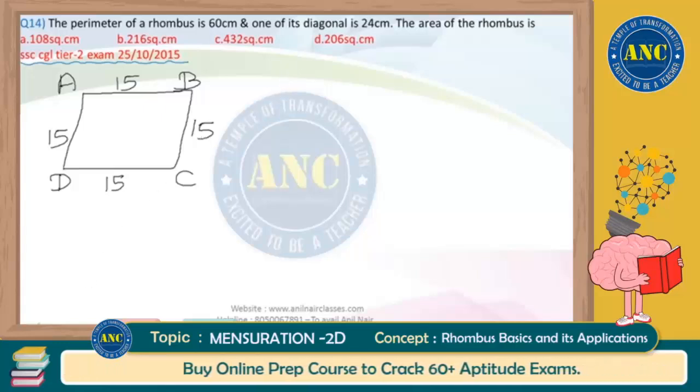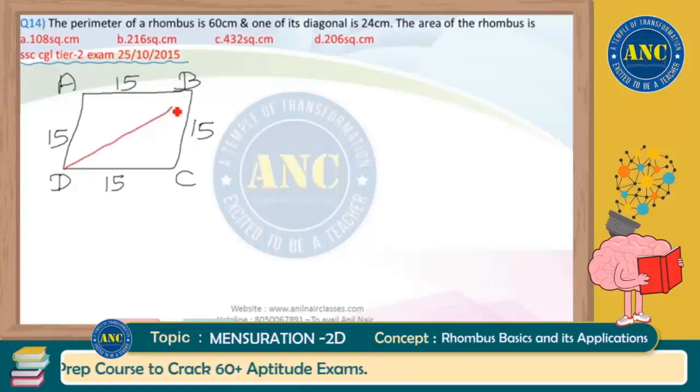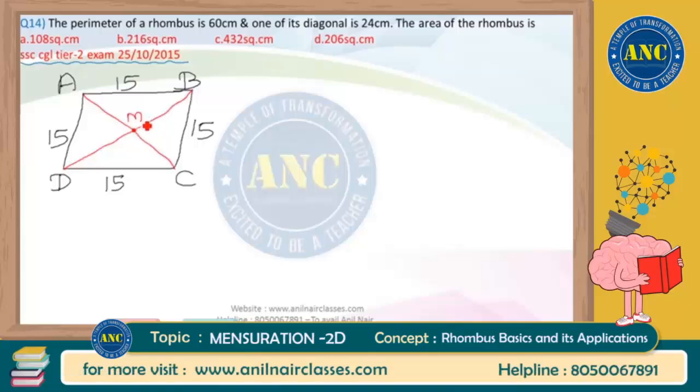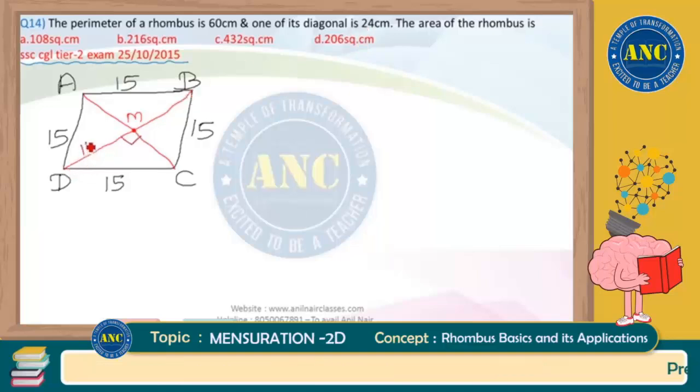One of its diagonals is 24 centimeter. If I name this one diagonal BD, the other diagonal is AC. The diagonals will intersect at M and bisect each other, and they are perpendicular to each other, so angle M is 90 degrees. Now this entire diagonal BD is 24, that means DM is 12, MB is 12.